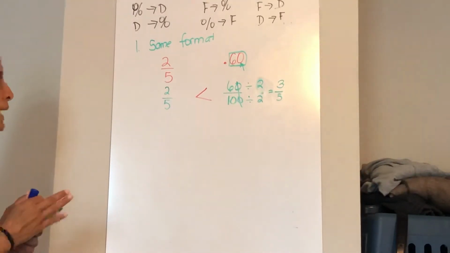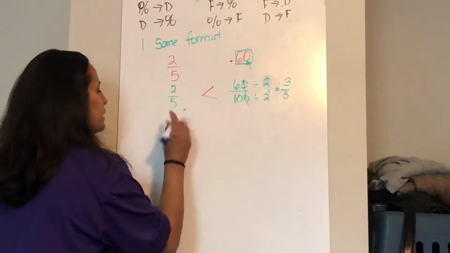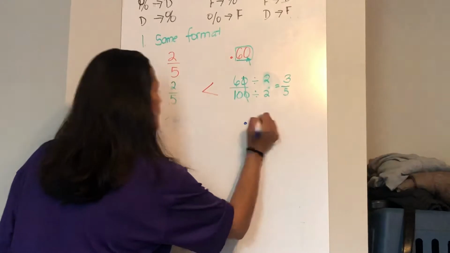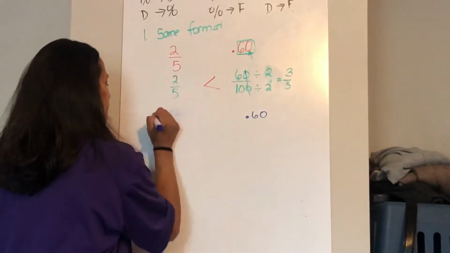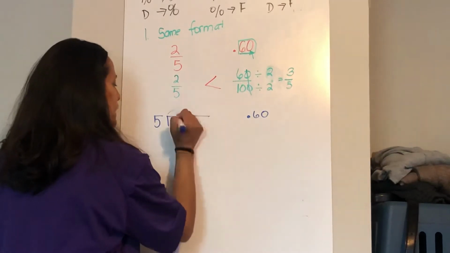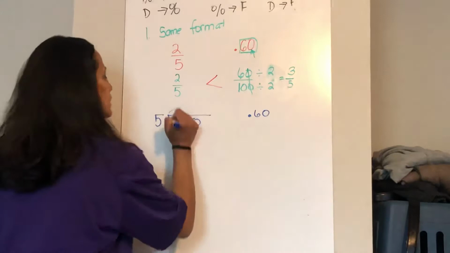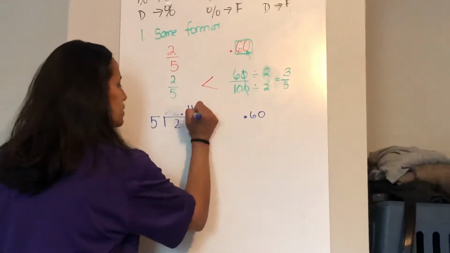Now, if you don't like doing fractions, you can say, this is 2/5. I'm going to keep this decimal the same, but I'm going to change this fraction into a decimal. 5 divided into 2.0. 5 doesn't go into 2, but 5 goes into 20. I bring up my decimal.